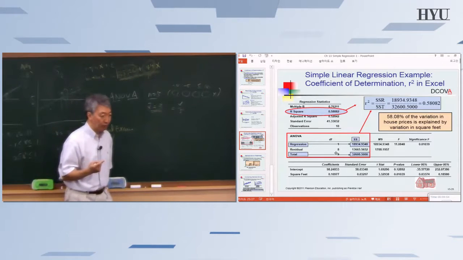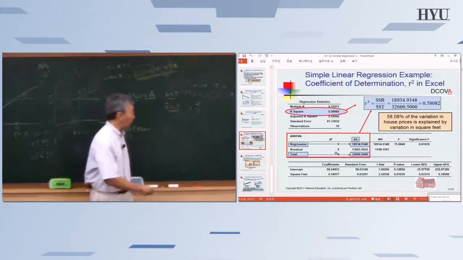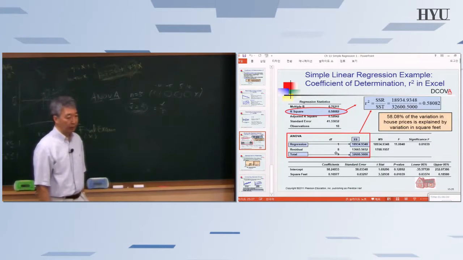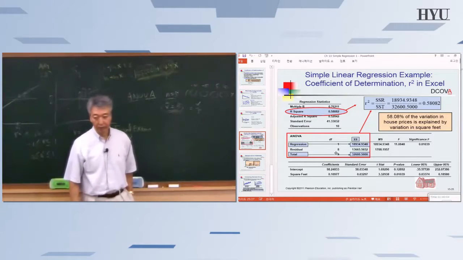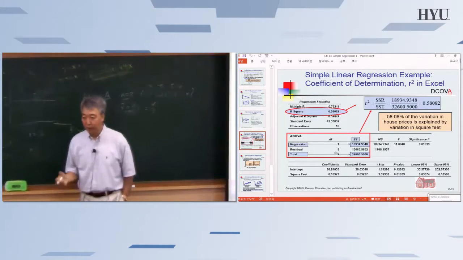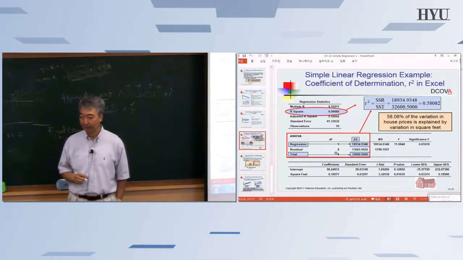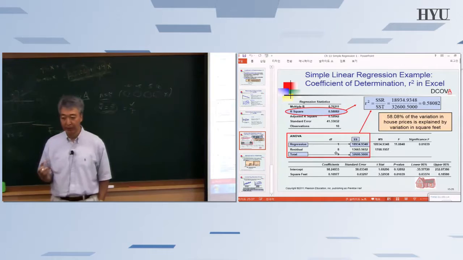Why did we lose 1 degree of freedom? Because we have estimated 1 parameter, the unknown parameter, mean. So every time you estimate 1 parameter, your sample loses 1 degree of freedom. That's a simple insight.